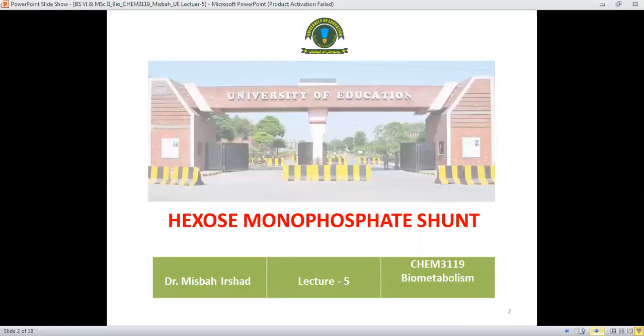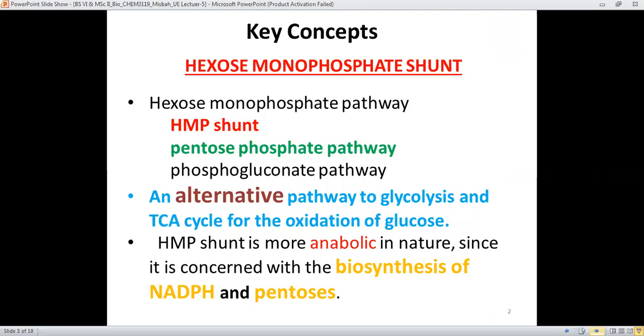Today we are going to discuss a new topic, which is the hexose monophosphate shunt. Hexose monophosphate pathway is also known as hexose monophosphate shunt.